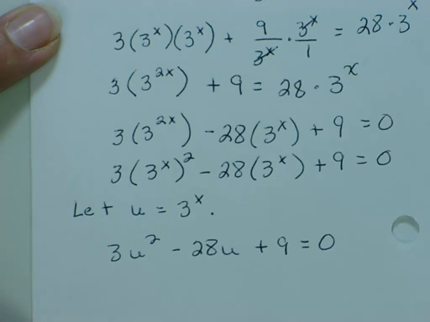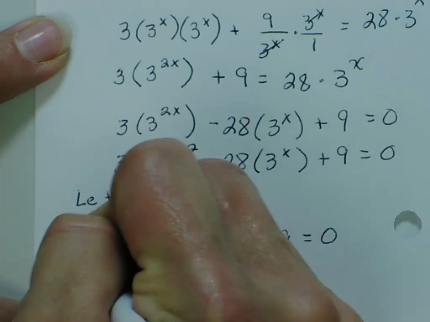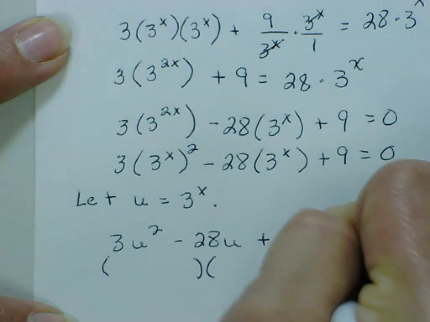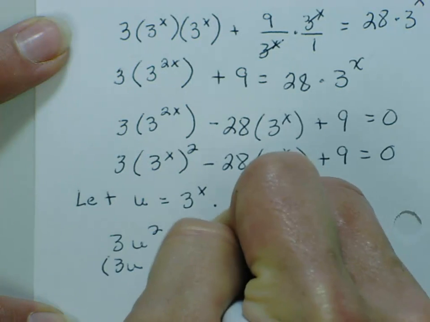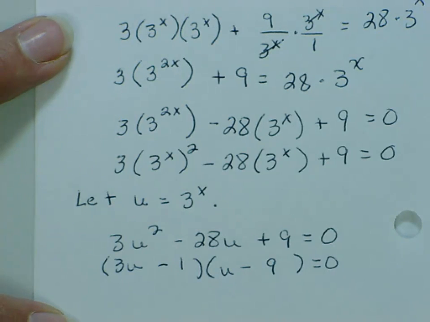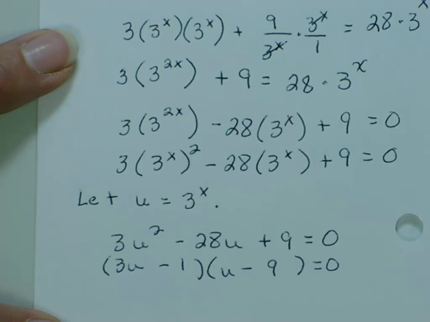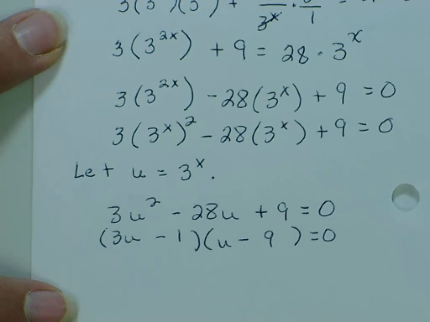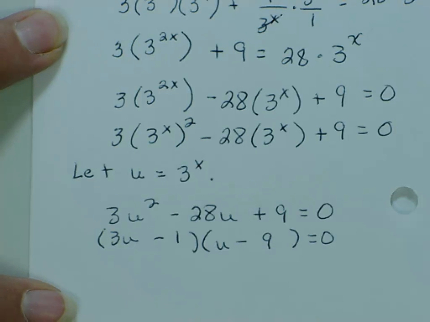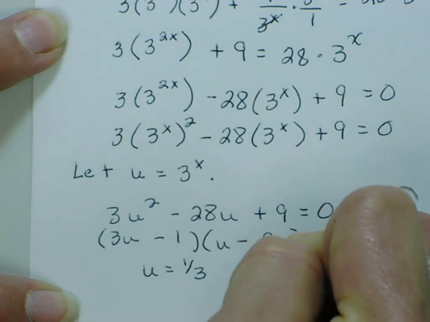Now that I've let 3 to the x just be u for ugly, it is a quadratic equation. It's even a quadratic equation that I can factor. So either ugly equals 1/3 or ugly equals 9.